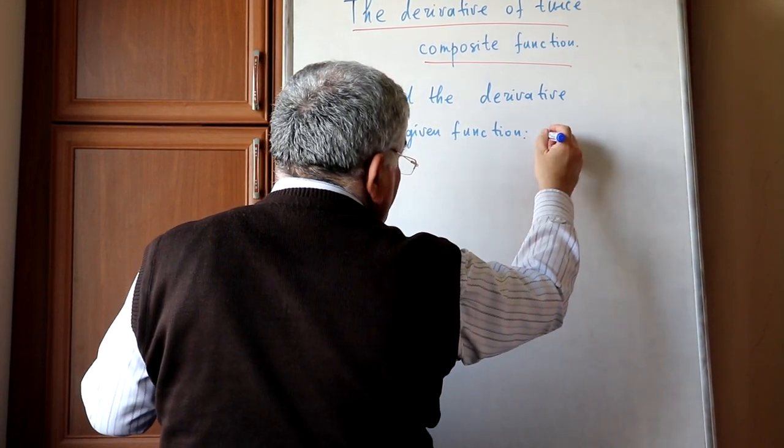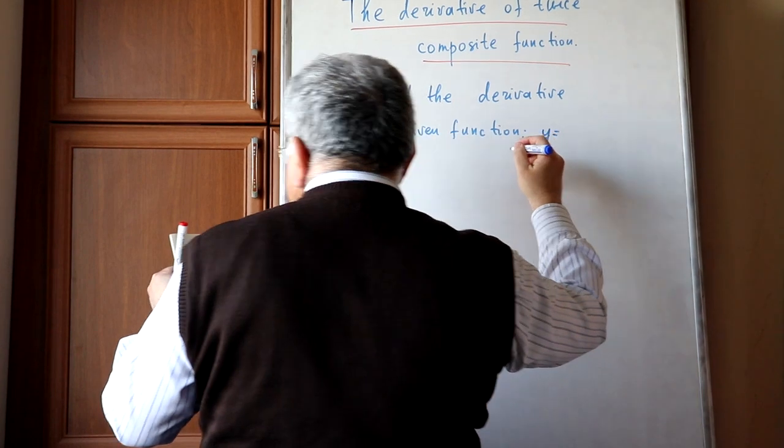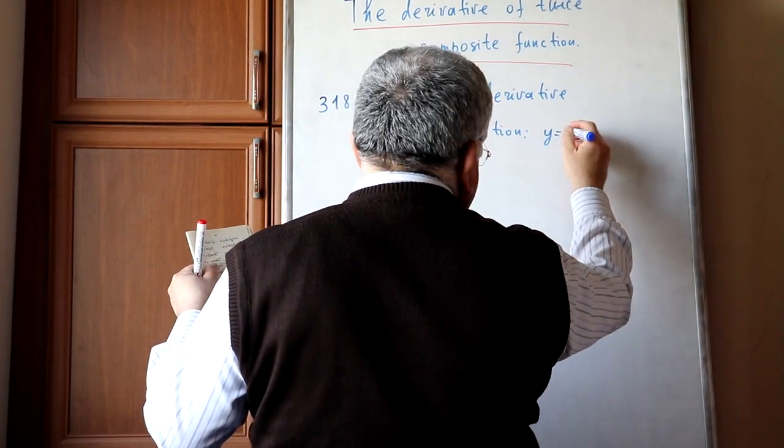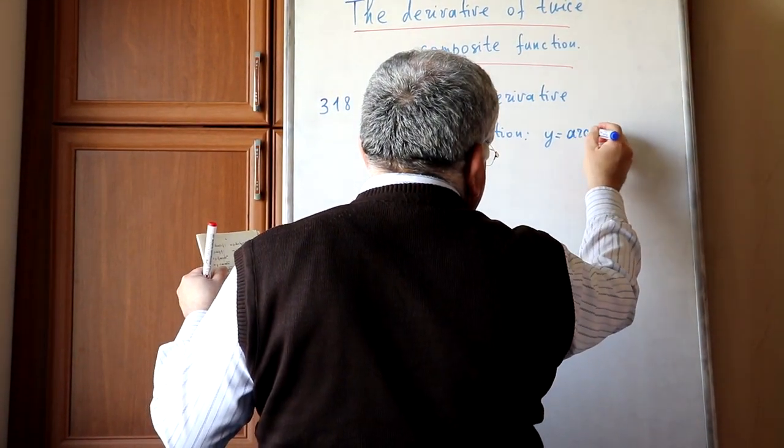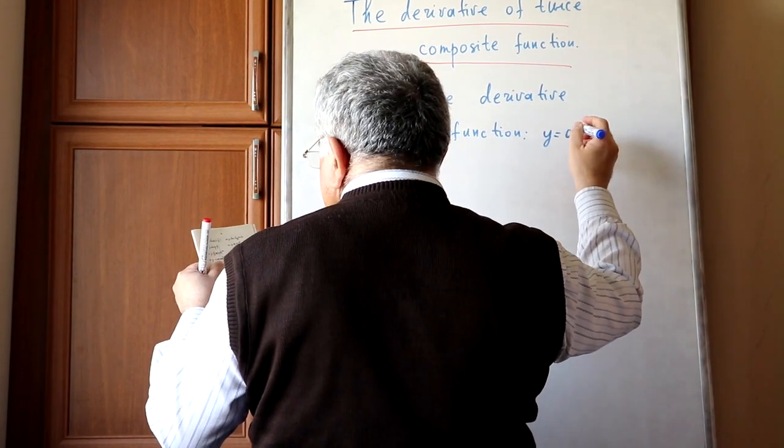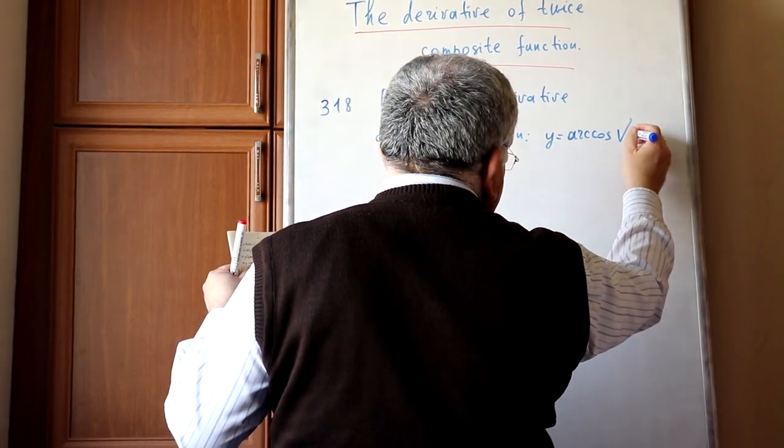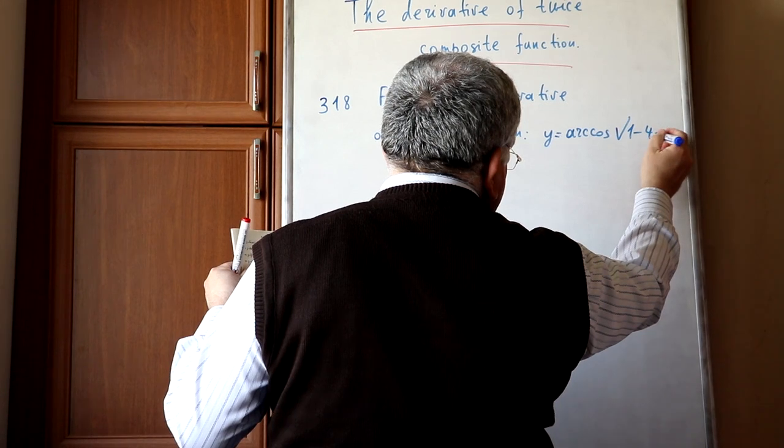Y equals arccosine of square root of 1 minus 4x.